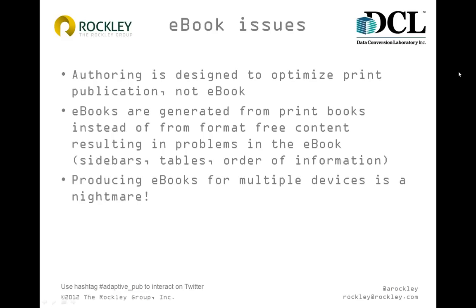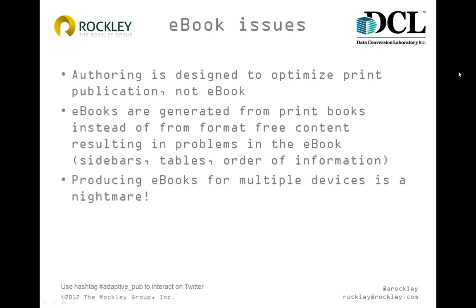But the way we create print, and we've had centuries to perfect how content is printed in a print world, doesn't work effectively in an ebook world. So we have all sorts of issues like sidebars. Where does that wonderful, really useful information go? How do we make it accessible to people? Tables can be a real nightmare. How do we order our information so that it makes sense?